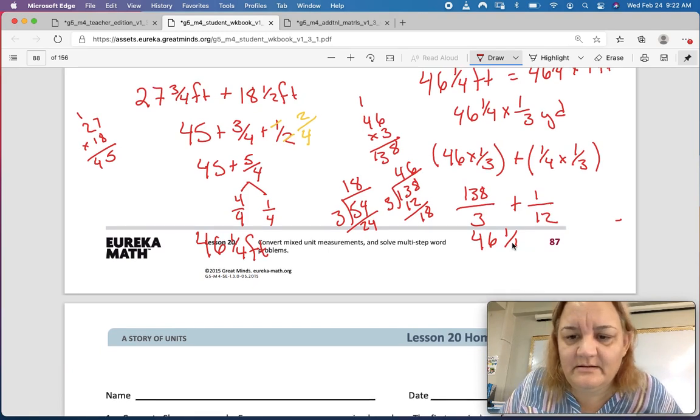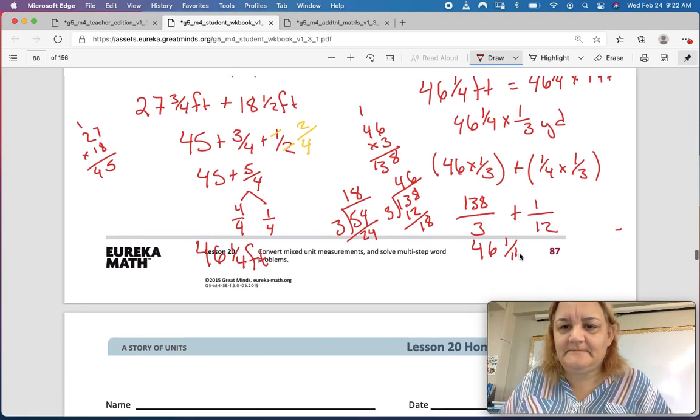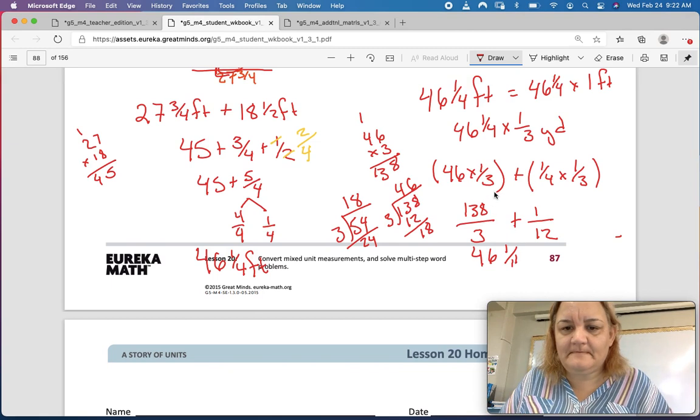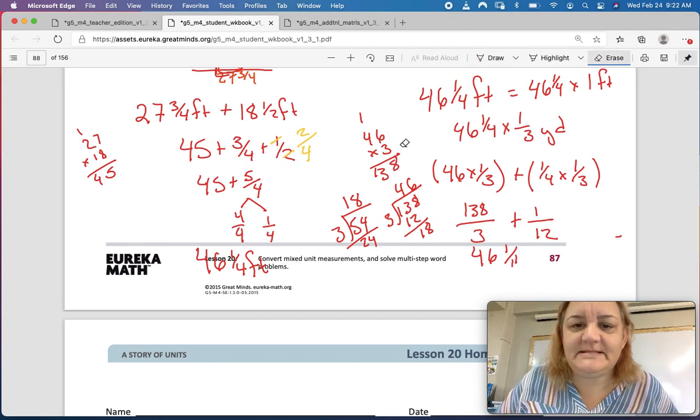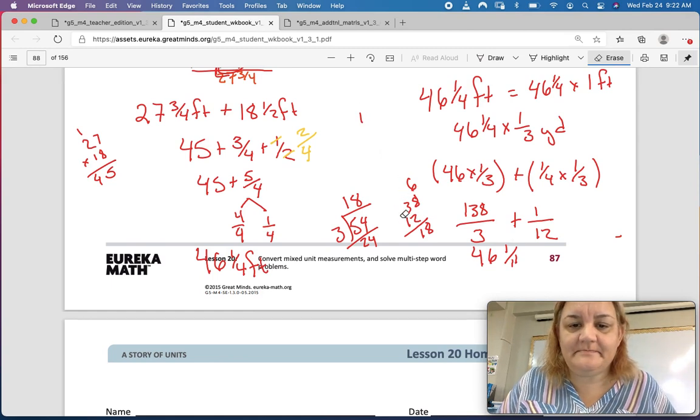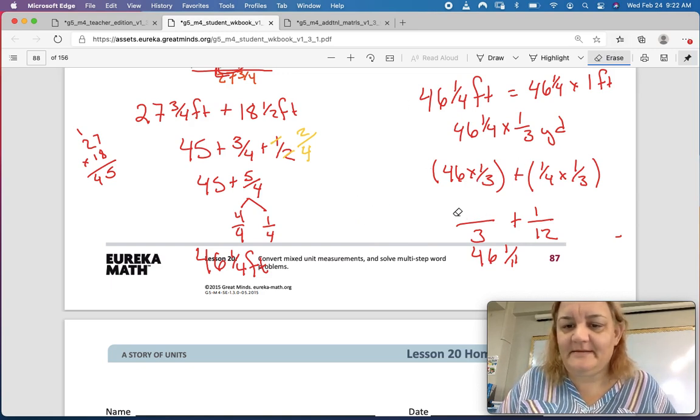Wait a minute. That doesn't make sense, does it? Oh, I messed up. There was so much work in this problem that I messed it up. Totally. I was trying to multiply 46 times 3. I hope you caught that right there.